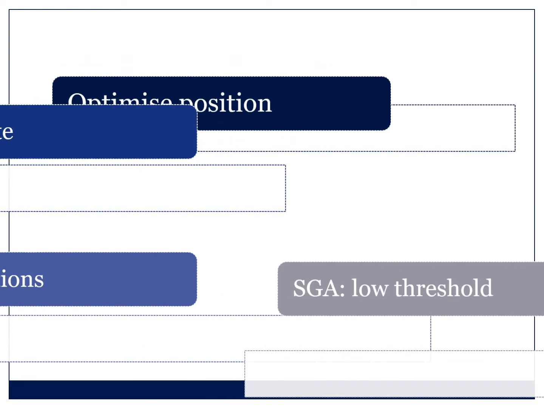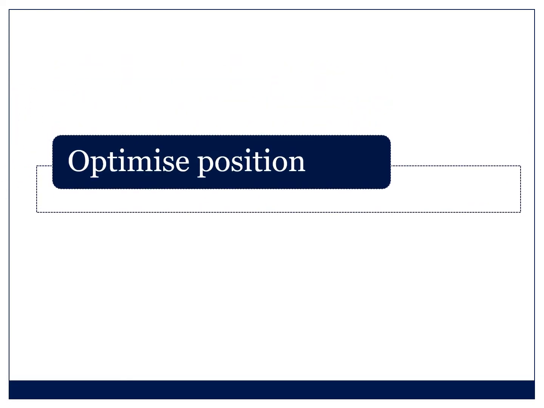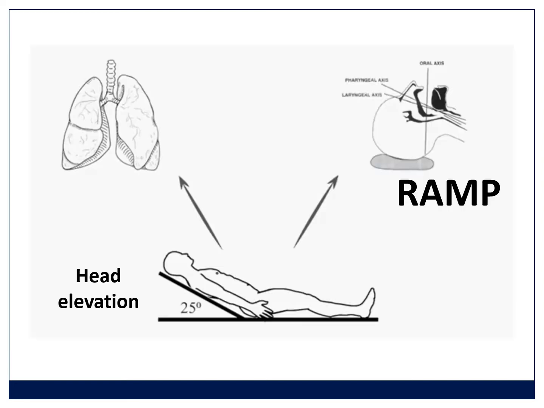So in terms of optimizing the position, think about how you induce your obstetric patients. Is the patient supine? Do you put anything behind the head? How do you go about that? And here are two things that I think you should do in all your patients.